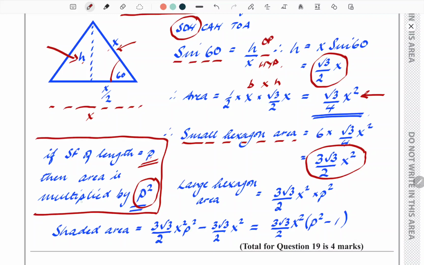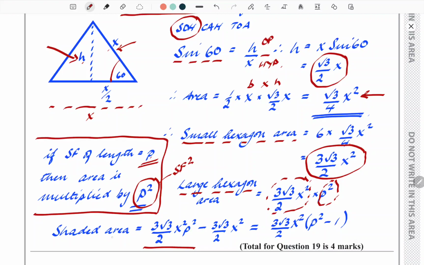So you have to multiply the area by the scale factor squared, all right? So that is scale factor squared, in order to get the larger area. So the large hexagon area, okay, is given by the area of the small hexagon times the area scale factor, which is p squared, all right? So effectively, you can see it here, there.